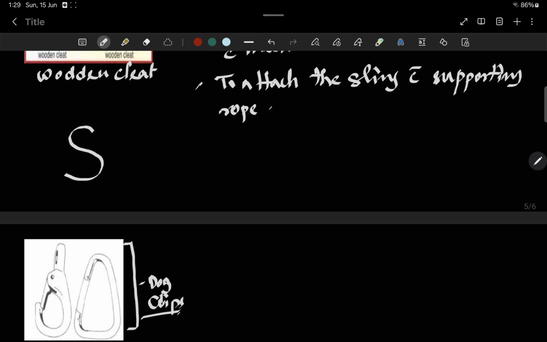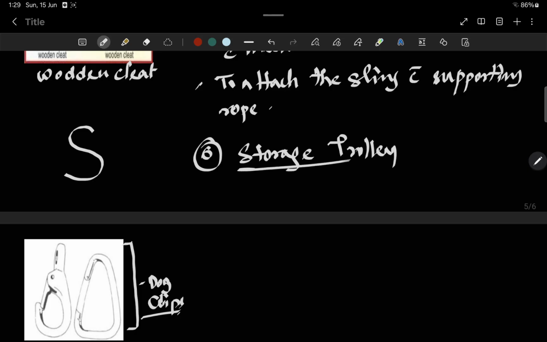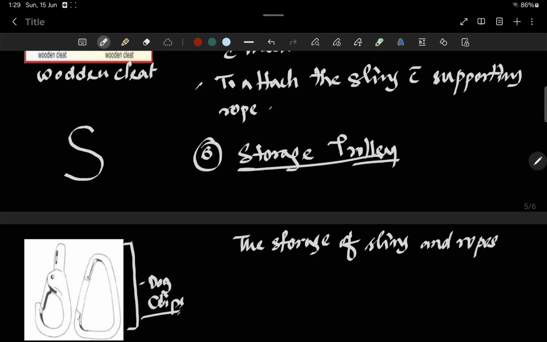Last one is the storage trolley. The storage of slings and ropes are done with the help of hooks.